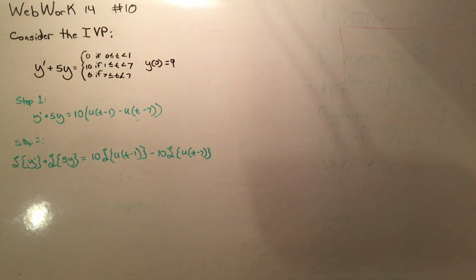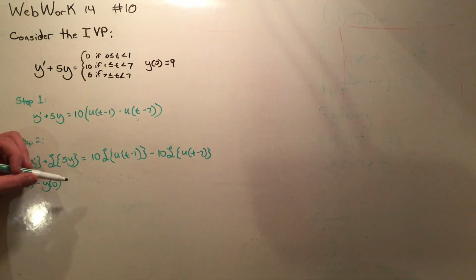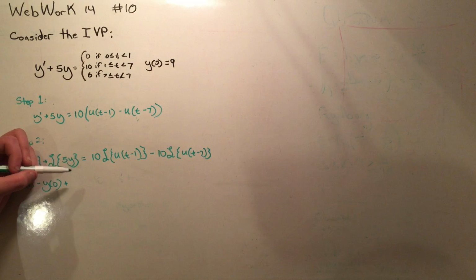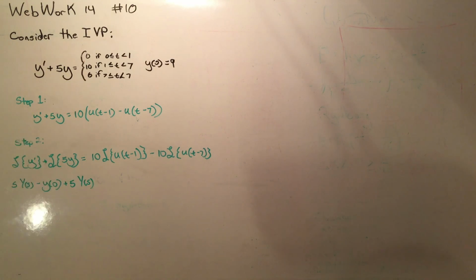Alright, so now we're going to solve these Laplace transforms. Laplace transform of y prime is s capital Y of s minus y of 0, which we know the value of. We'll enter in that value next, plus the Laplace transform of 5y, which is 5 capital Y of s.